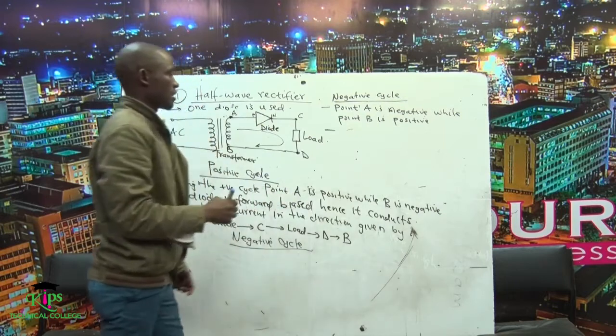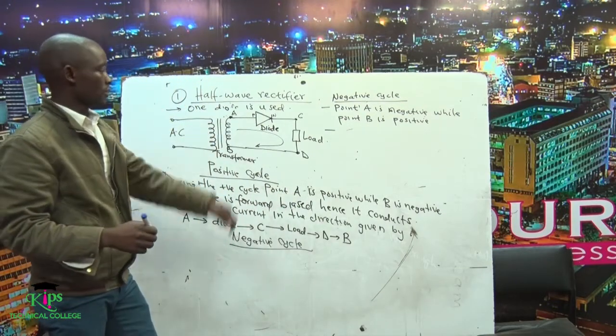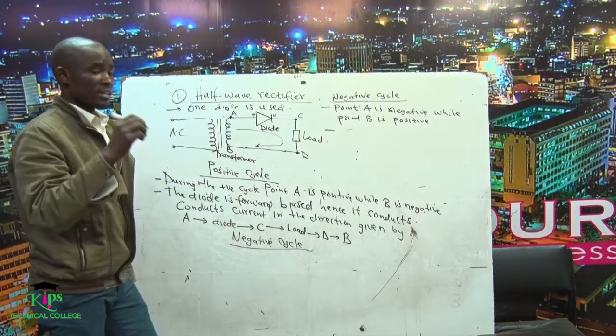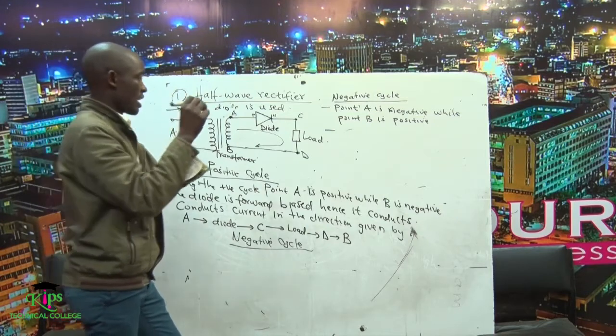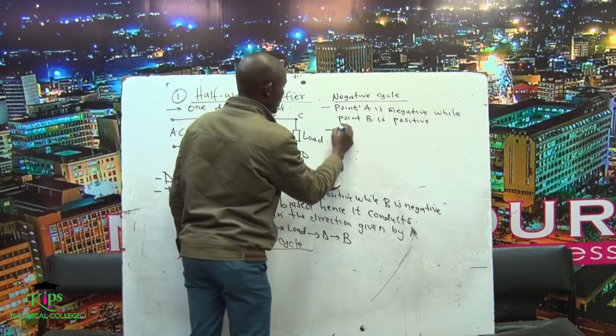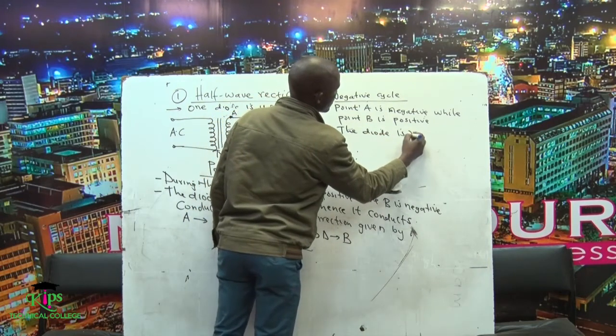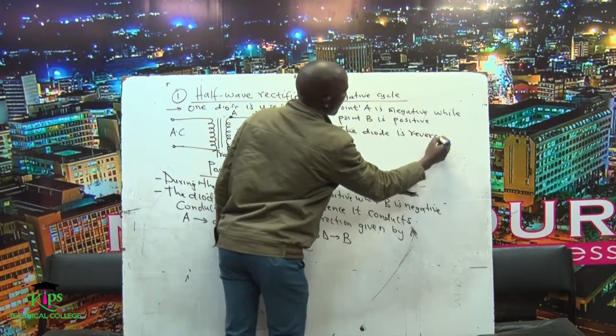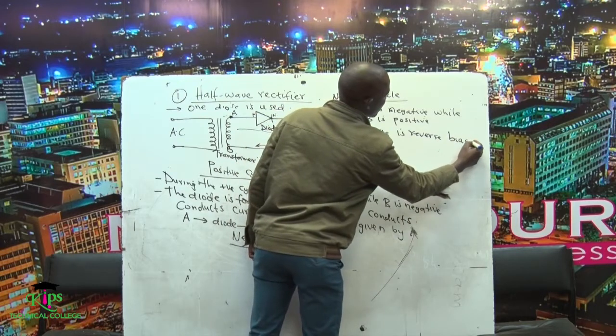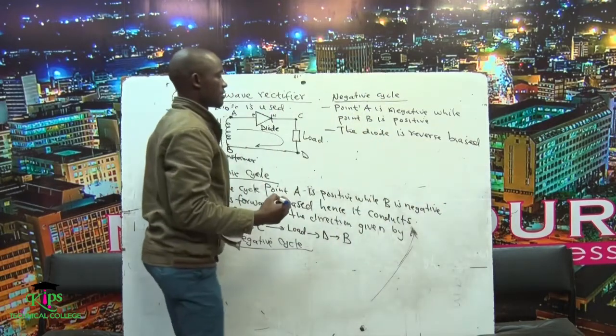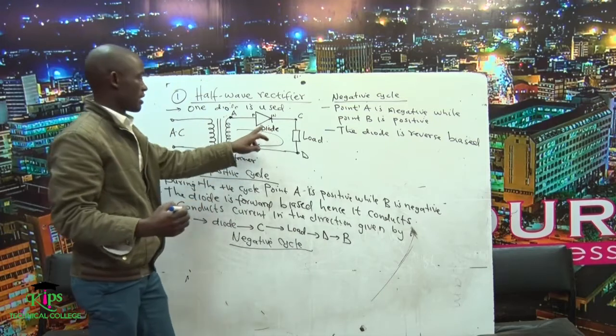After you have given the polarities during that cycle, you now tell us the current status of the diode. The diode is reverse biased. Why are we saying it is reverse biased?